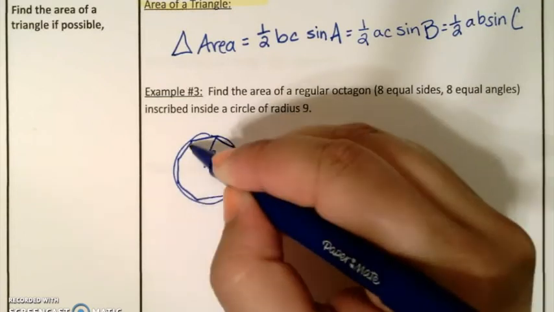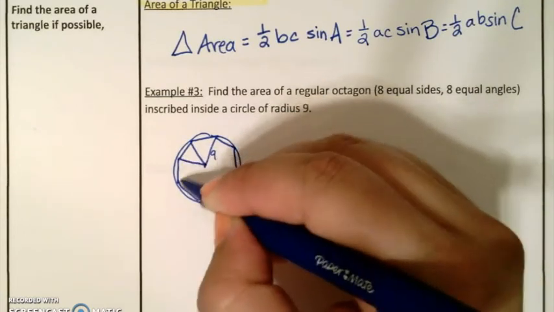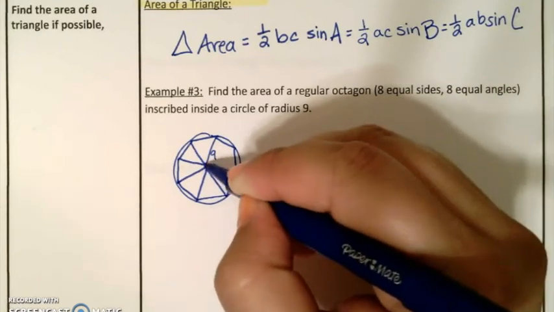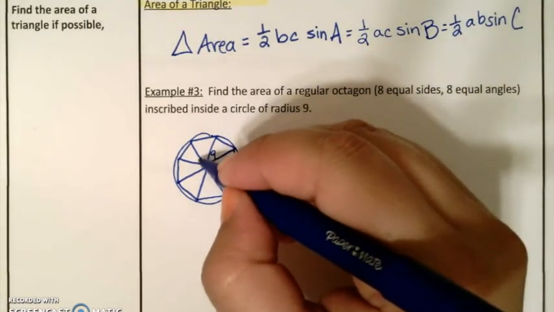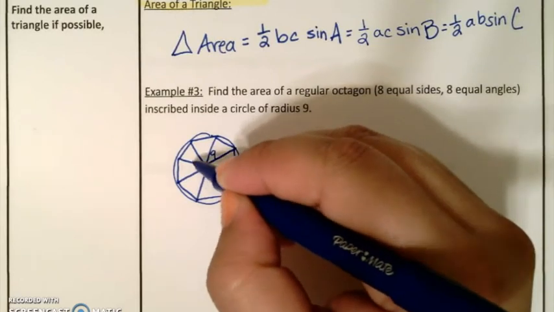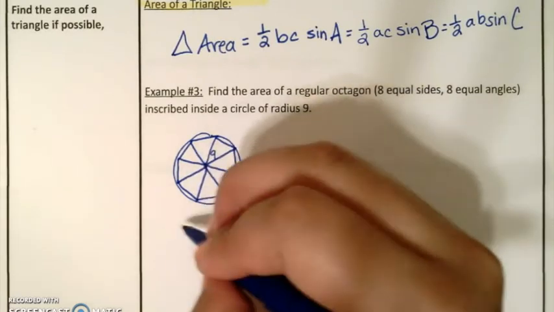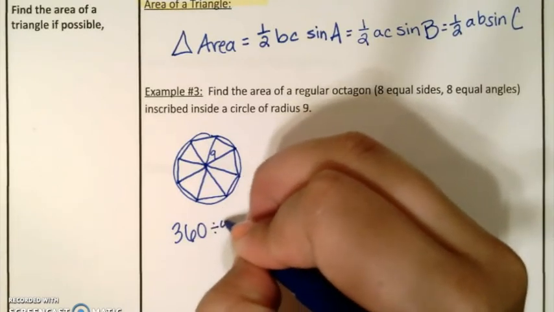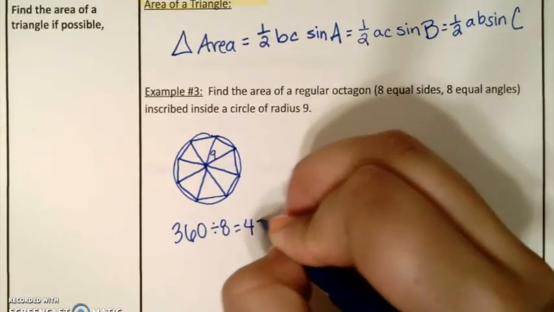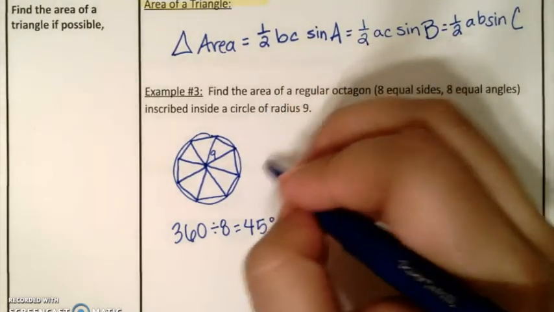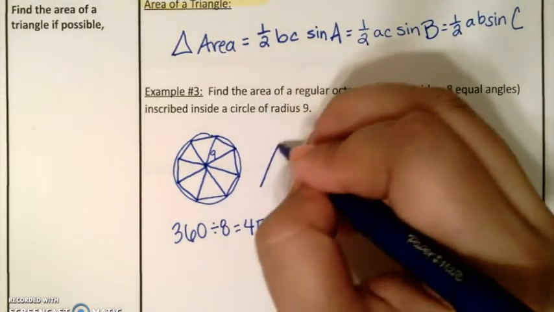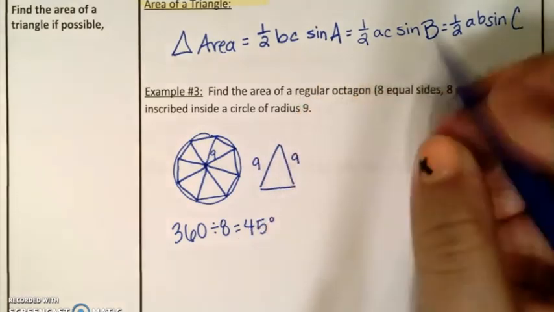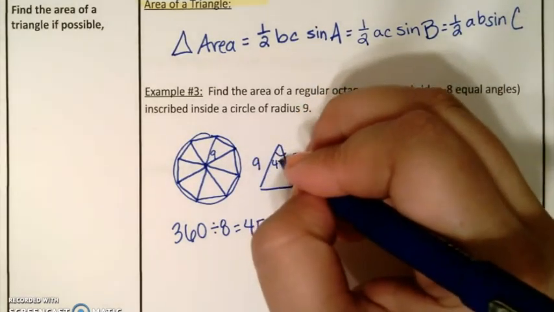Eight sides of equal length, which means that inside of this circle we have 8 equal angles. So a full circle is 360 degrees divided by 8 is 45 degrees, which means each of these triangles here has the side lengths of 9 and the angle of 45 degrees.